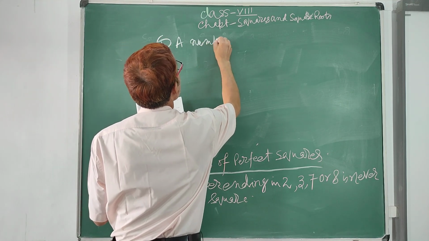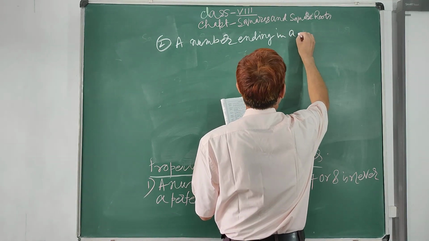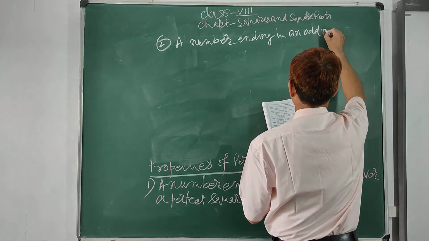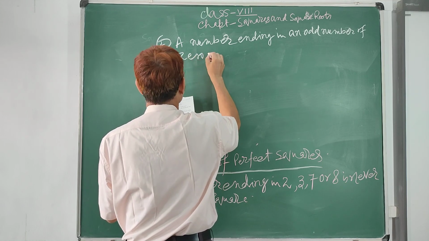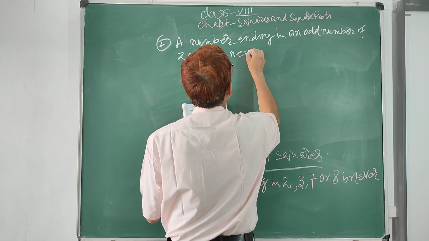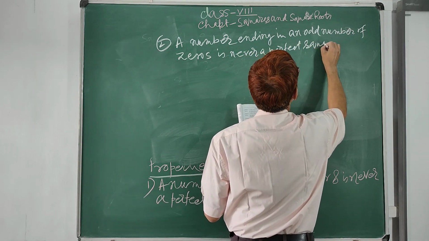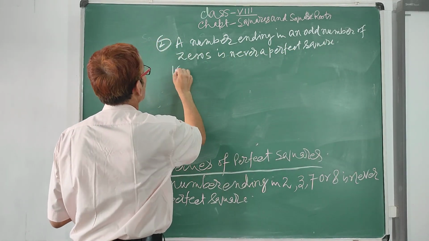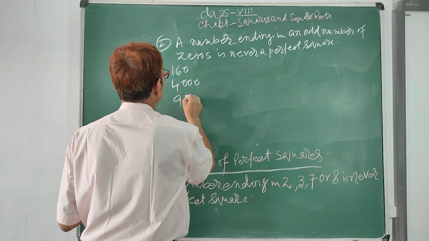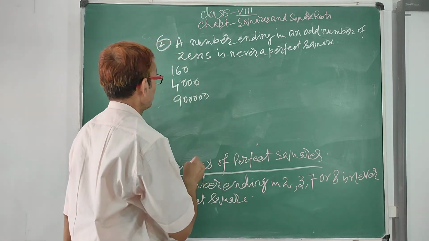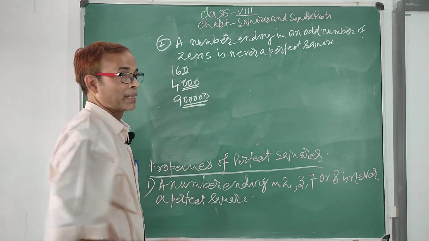Property number 2. A number ending in an odd number of zeros cannot be a perfect square. For example, 160, 4,000. Here the number of zeros is 1, 3, 5, so this number cannot be a perfect square number.